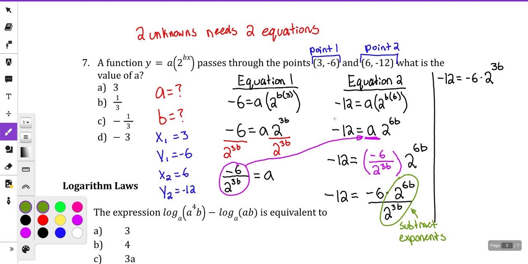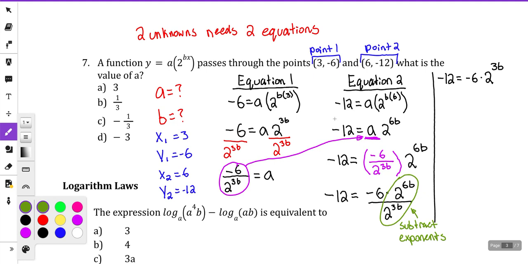Cool. Getting b by itself. It's in the exponent. To get an exponent by itself, you have to change it into a log. That's the whole reason logs exist, is to be able to solve exponents. You cannot change this into a log right now, although that's what I think most people would end up doing.